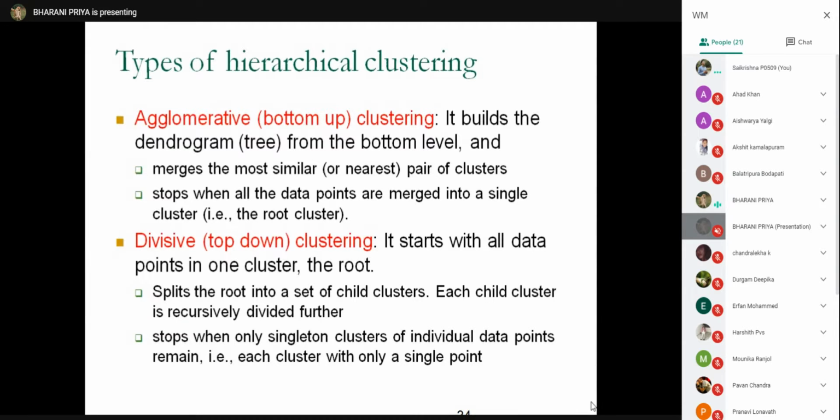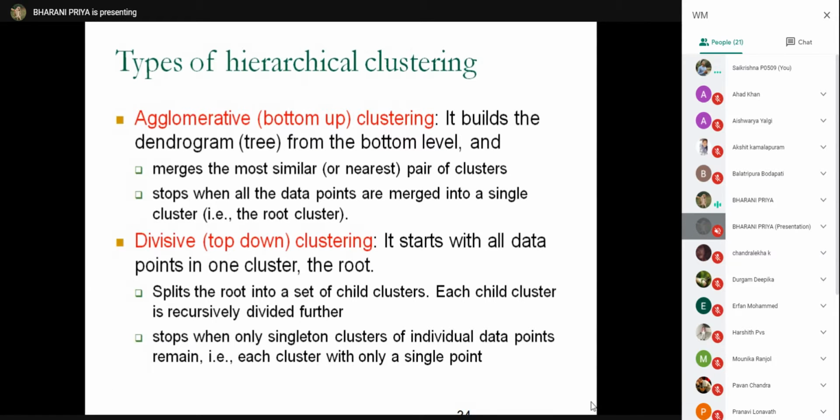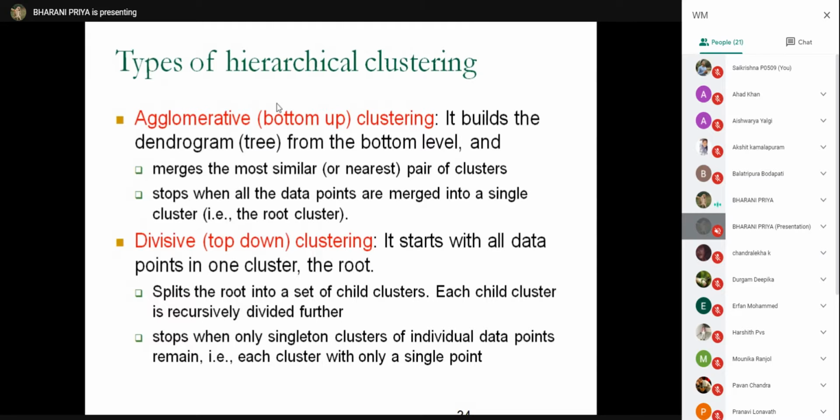Under hierarchical clustering, we are going for agglomerative and divisive. So you are starting with the single object, that is a single example or single record, and you go on merging it until you get a big cluster. That means you are getting again the same data.